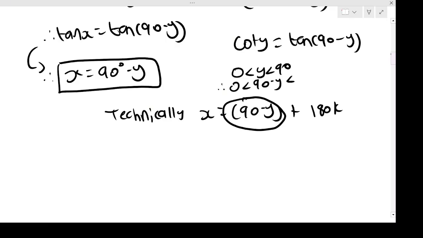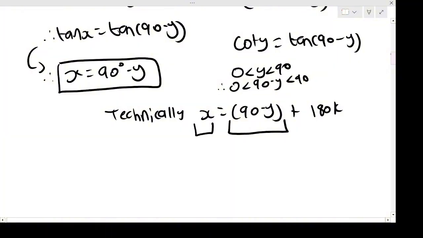Because if y was 90, then 90 take away 90 is 0, and if y is 0, then 90 take away 0 is 90. So if this value is between 0 and 90, and x is between 0 and 90, we cannot possibly add on or take away 180, because that would exceed the range 0 to 90. So that forces k to be 0.